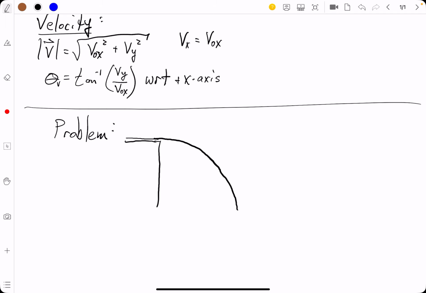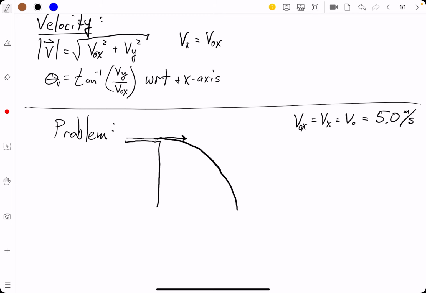For a movie, we've got V naught x, which is equal to our Vx, which is equal to V in the x direction, but at the beginning, that's our total V. That's our only V. So we can say V initial is equal to 5.0 meters per second.